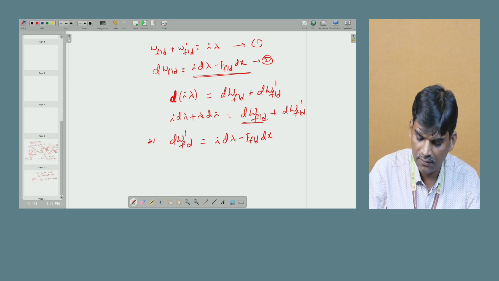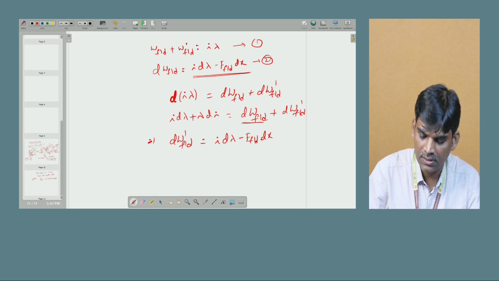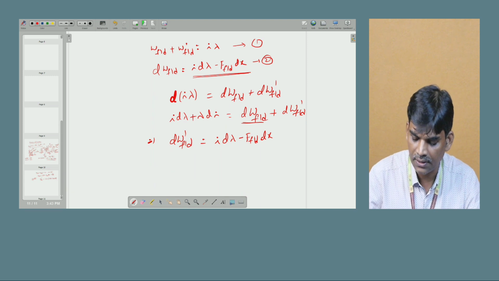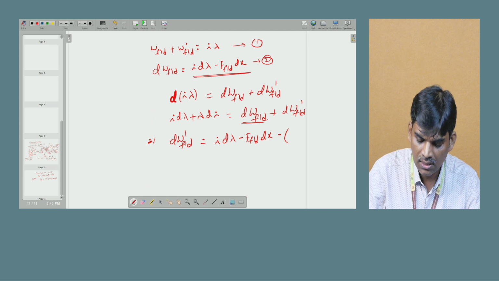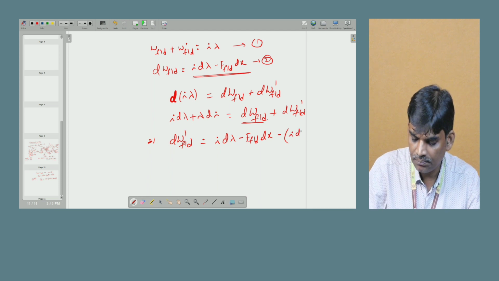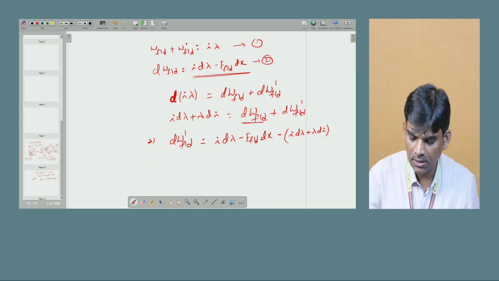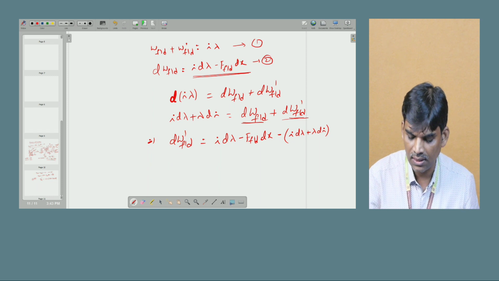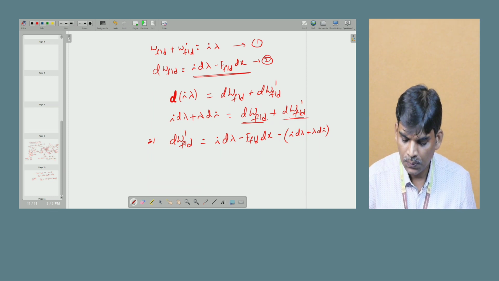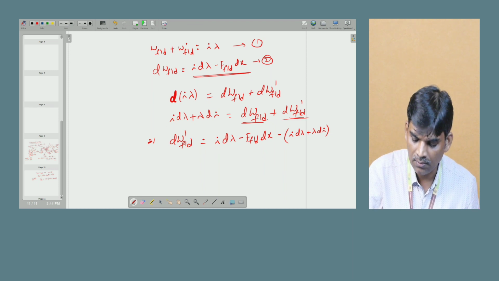This is the field energy, substituted on the right side, and this is sent to the left side, so we get minus i dλ minus lambda plus lambda i, sorry, lambda di. Please try to understand, I have written this equation, I just have to send this to this side. So dW_fld dash is equal to, dW_fld is nothing but this one, which is already available.